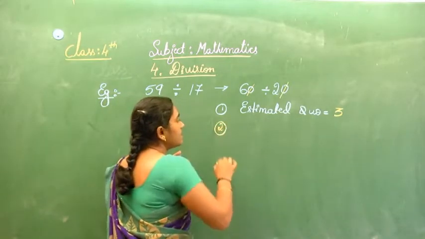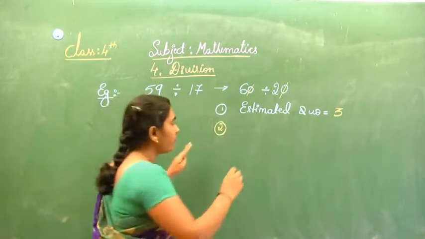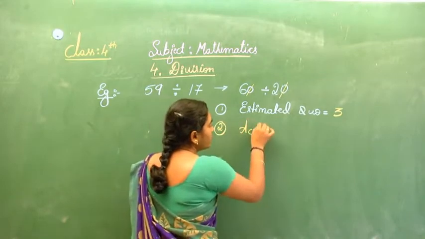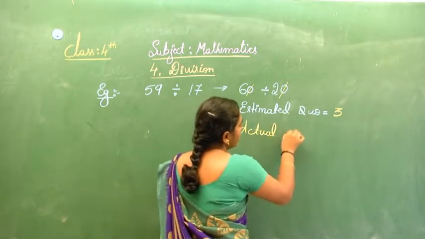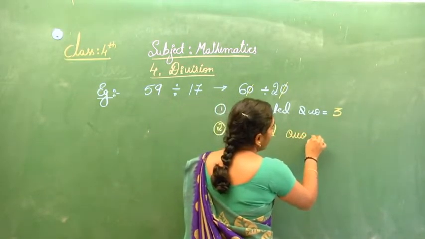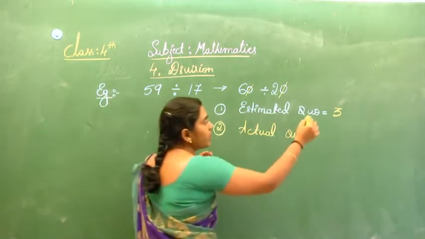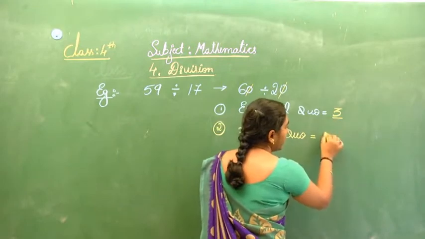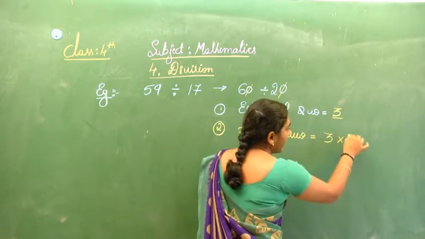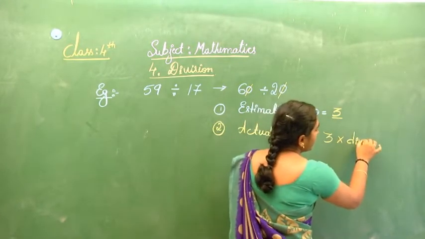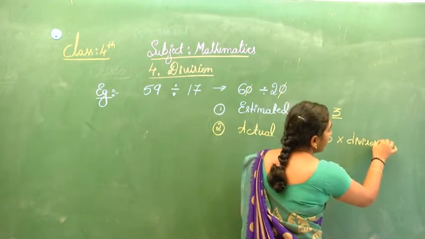The next step is to calculate the actual quotient. How do we find it? The quotient we have estimated is multiplied by the divisor. Which is the divisor?